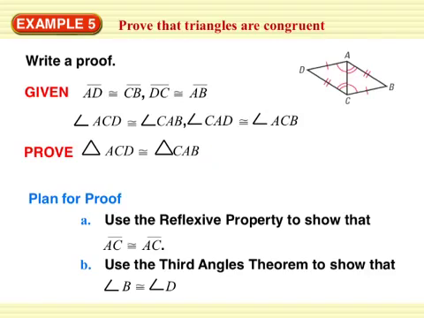We need to prove those triangles are congruent. We have a plan for a proof which helps us figure out what to do. We're going to use the reflexive property to show that AC is equal to AC. That will let me put 3 tick marks here and all of my sides are congruent. And then we can use the third angle theorem to show that this angle is congruent to this angle. Okay, let's do it.